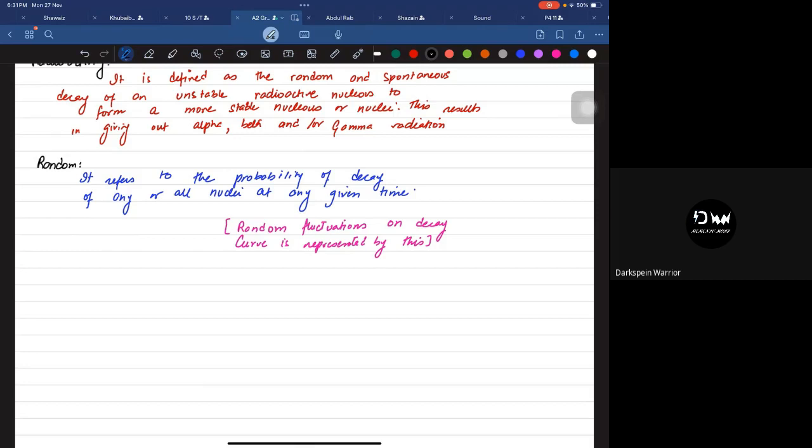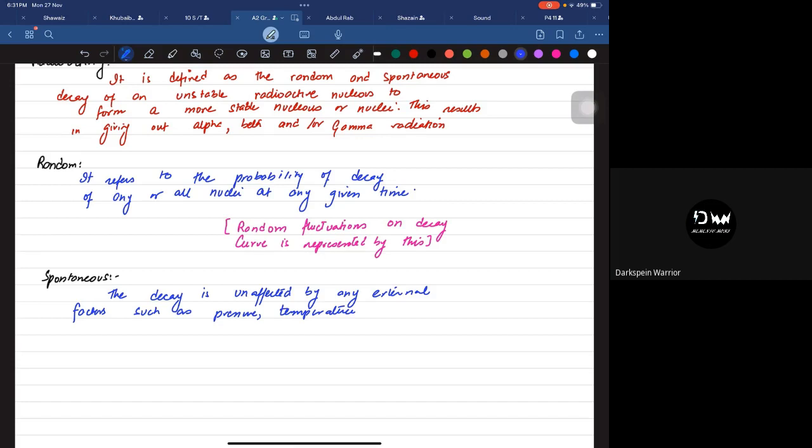Then you have spontaneous. Spontaneous means that the decay is unaffected by any external factors such as pressure, temperature, force, etc. You cannot increase or decrease the speed of decay.